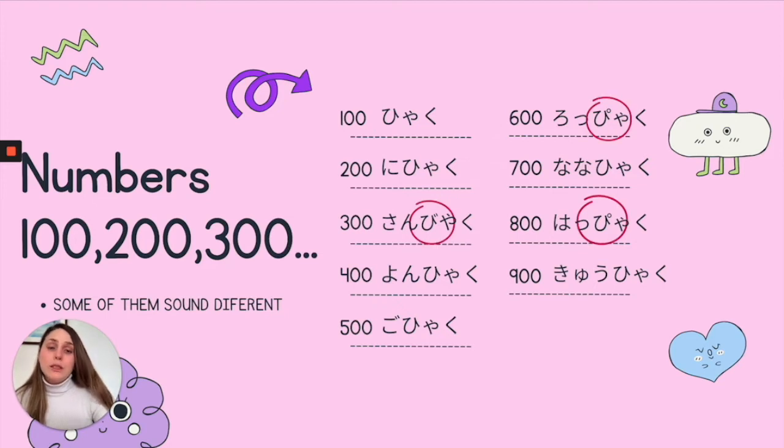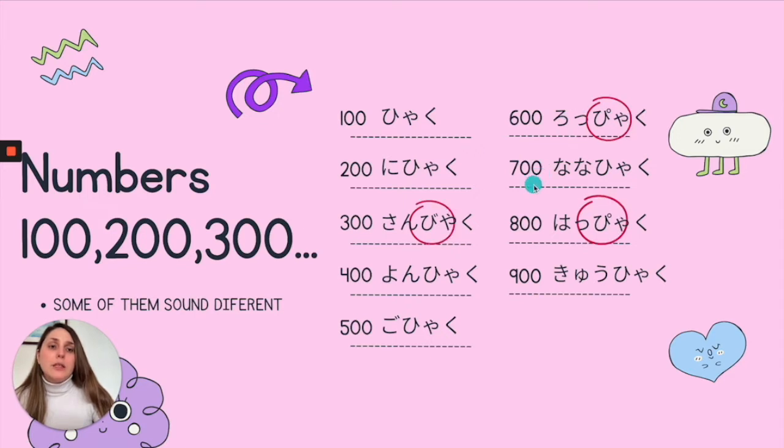Then 200, nihyaku. 300, it's a little bit different because we say sanbyaku, so we pronounce it with a B sound. Then 400 would be yonhyaku, 500, gohyaku. Then 600, we pronounce it a little bit differently with a P, roppyaku.